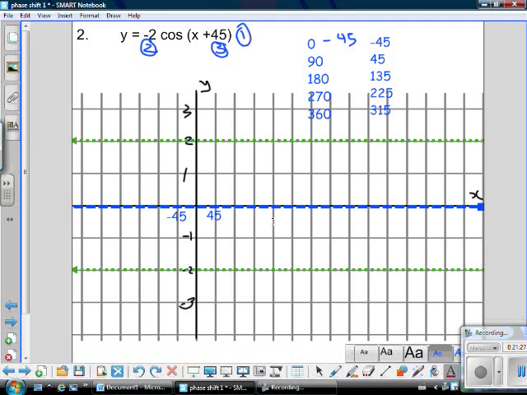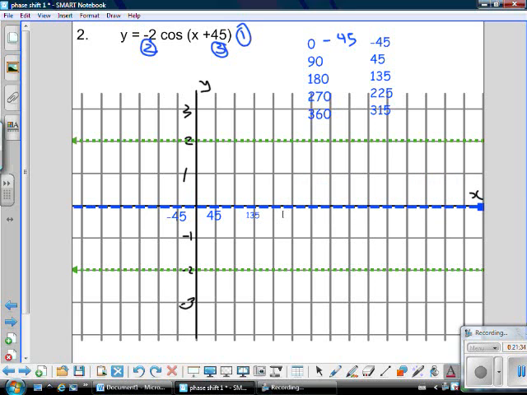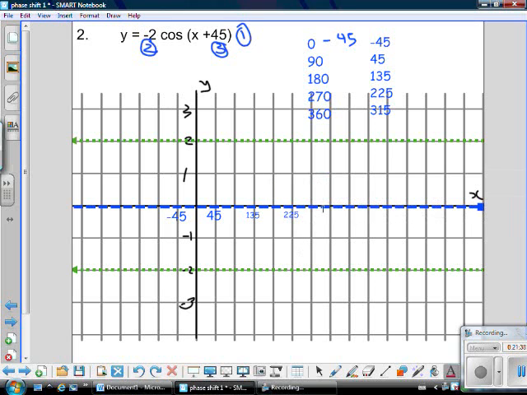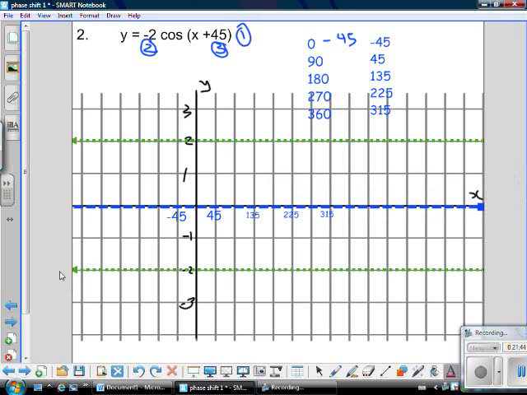And I'm just going to make it a little bit smaller so it fits in there nicer. 135. My next one is going to be 225. And my last one's going to be 315. Okay, so now we have those numbers there, and remember the notes will be on the internet, so you can always access them there if you need to.